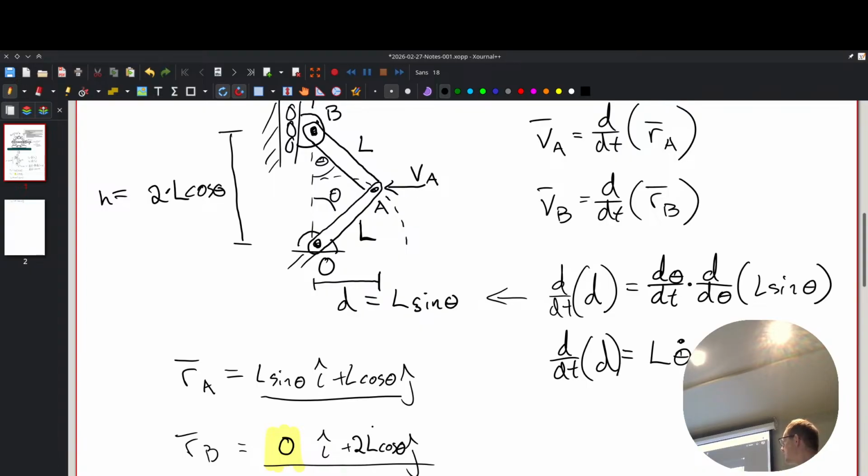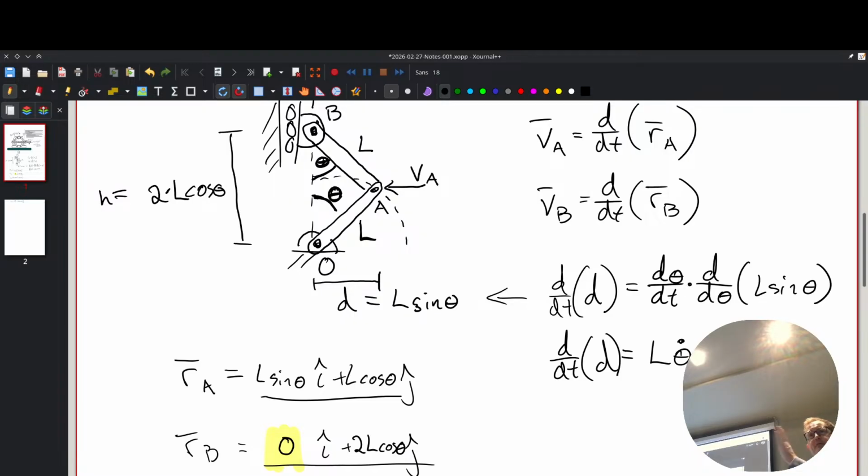It's the angle decreasing from the stationary point. So if this is the initial drawing of it, and it ends up being smaller than that, then it's negative. If it ends up being greater, it's positive.